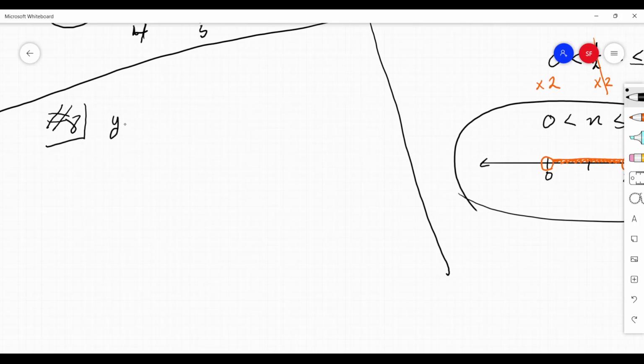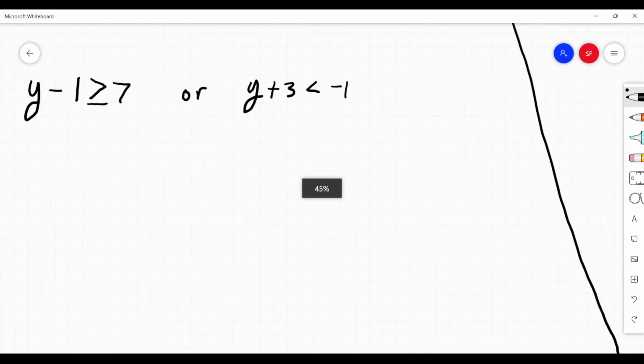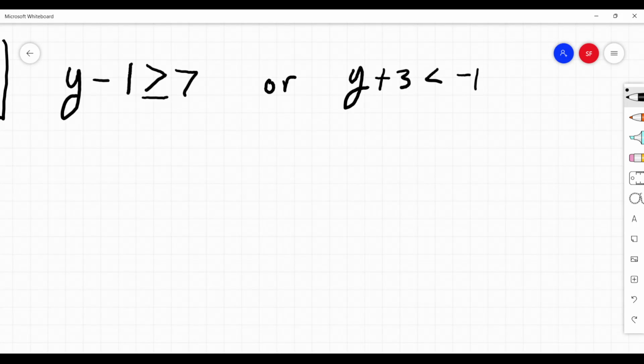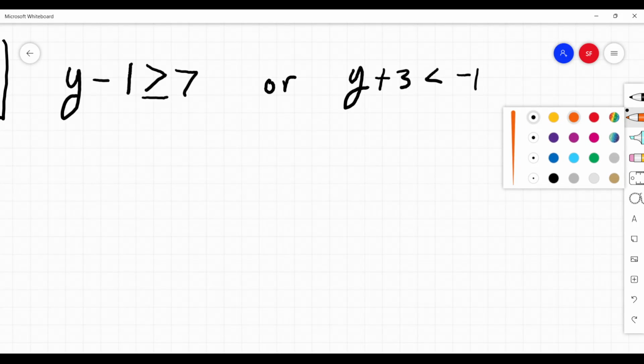y minus 1 is greater than or equal to 7, or y plus 3 is less than negative 1. So what should we do here? On which equation?